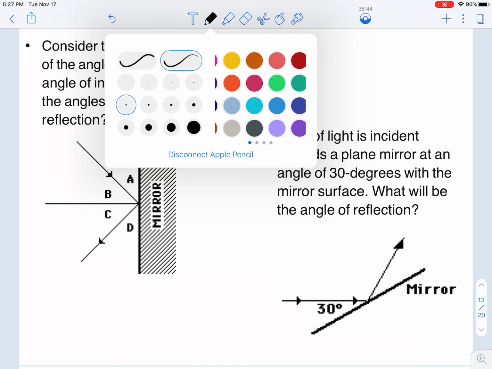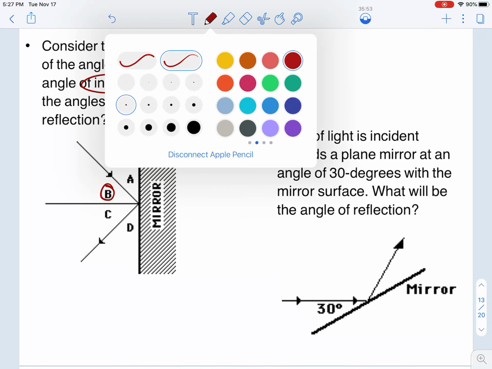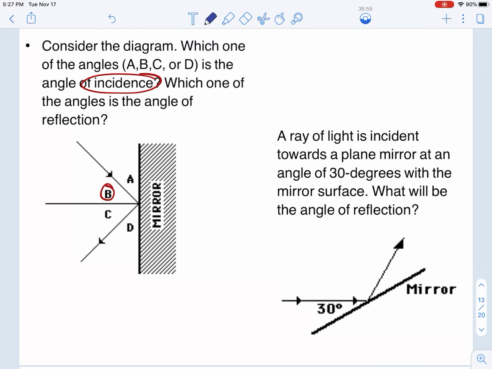All right, so just a quick little check here, looking at the picture over here on the left, which one of these angles is the angle of incidence? So our incident angle is going to be angle B from the normal line to the beam of light going into the mirror.